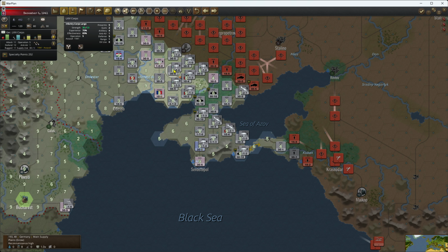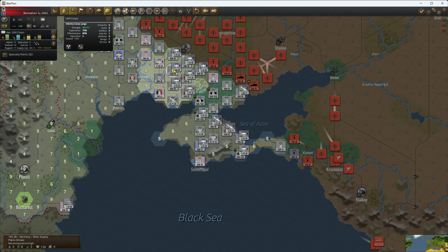So I think what I'm going to do for strategy, I'll attack towards the Dnieper right there and make a defensive line here across the Dnieper. And then push out from Kharkov down to the Sea of Azov.